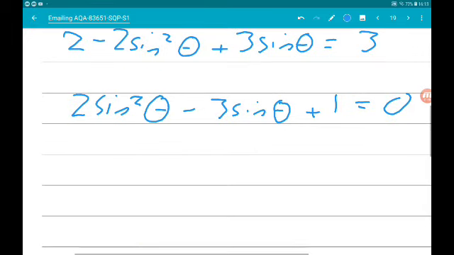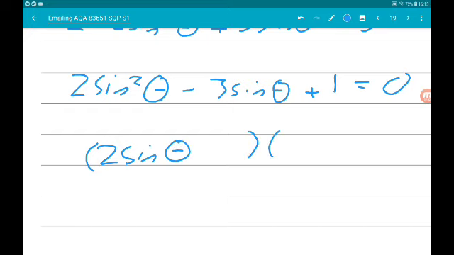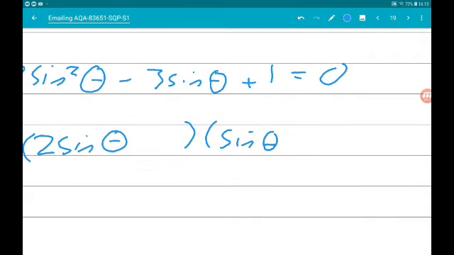Right. So, we now need to factorise this. So one bracket is going to need a 2 sine theta. The other one is going to need sine theta. Okay, it's quite nice.